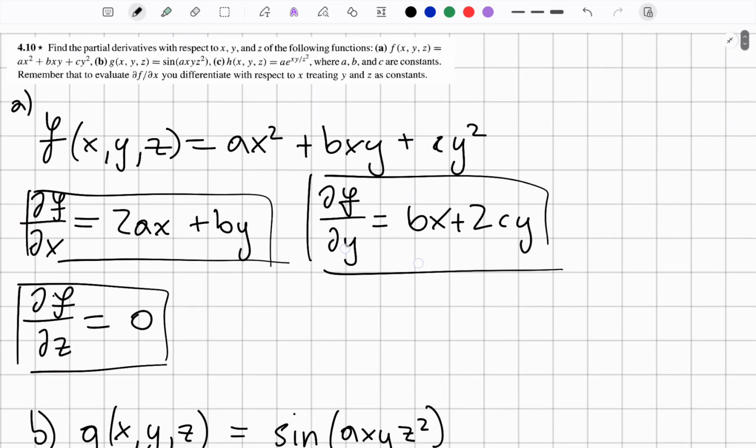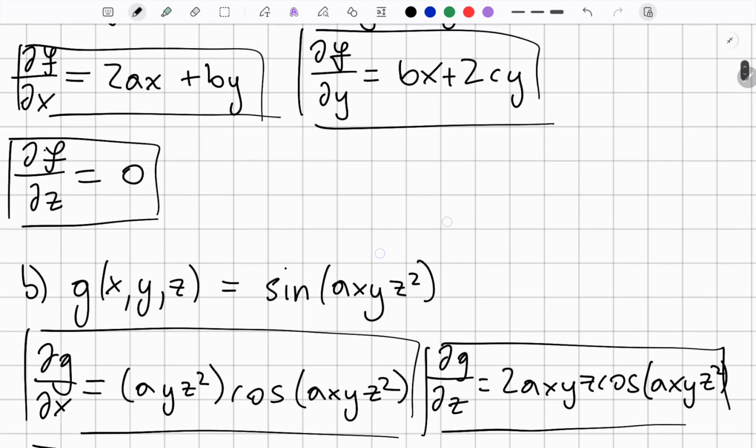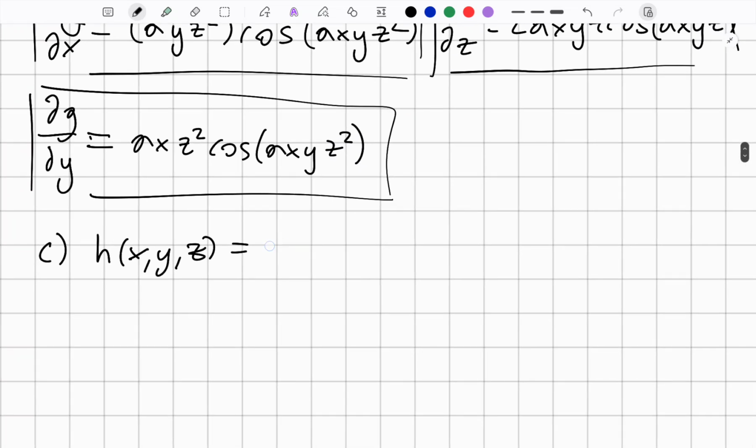So for part C, we have h of x, y, and z. And this is equal to a e to the xy over z squared. So, with respect to x, we're going to take the derivative of this top portion.